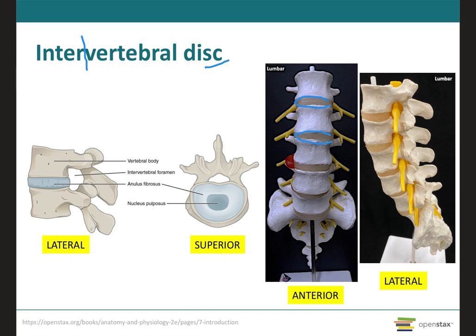They account for about 25% of the height of the vertebral column, and each disc is going to have this outer fibrous ring consisting of fibrocartilage that's called the annulus fibrosus, where annulus means ring-like structure. So it is a structure that goes around in a circle. And an inner watery mucoid soft substance that's called the nucleus pulposus, where pulposus means pulp-like.